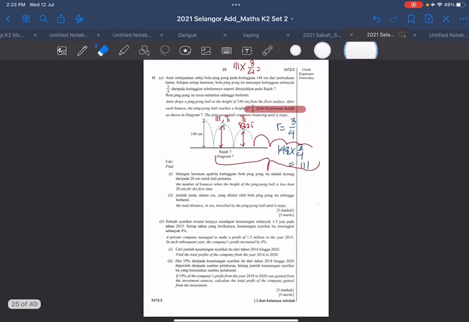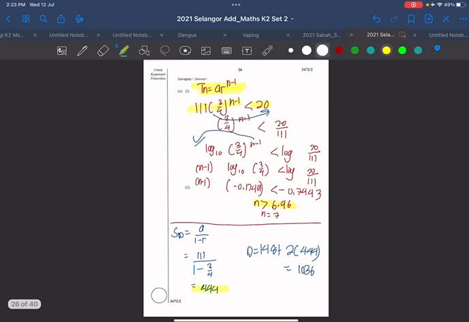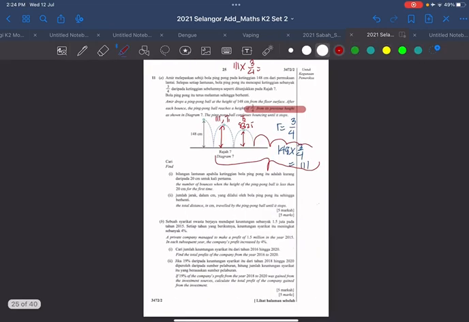The question asks us to find the total distance traveled by the ball. As you can see here, I multiply 444 by 2. You may ask why. Because the 444 that I got just now is only this, until the ball drops. However, there is another half that I didn't count, which is this.